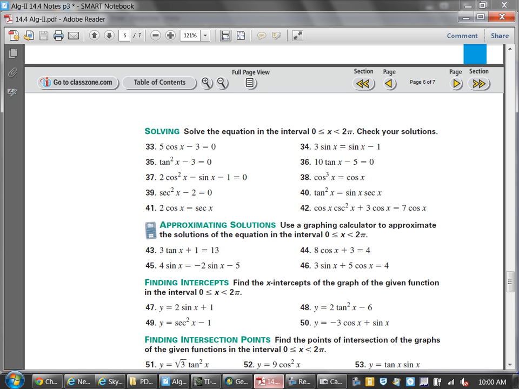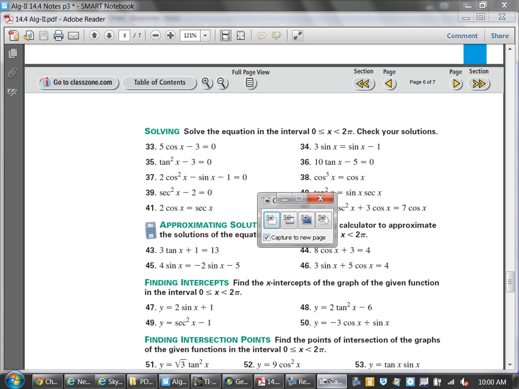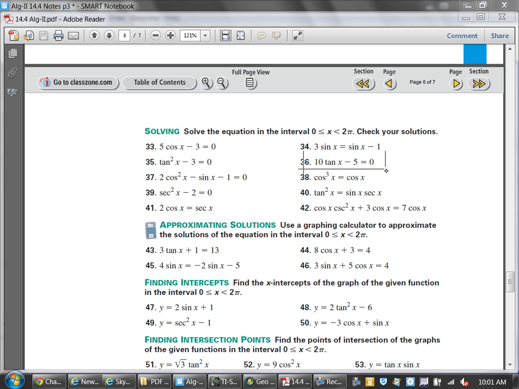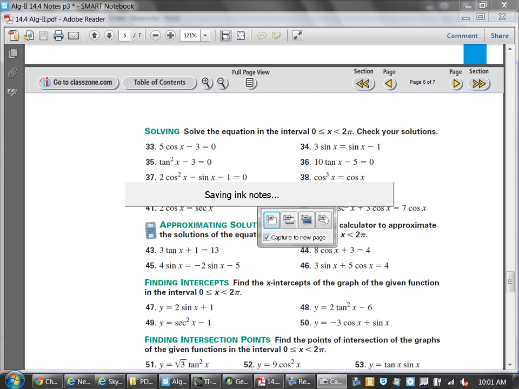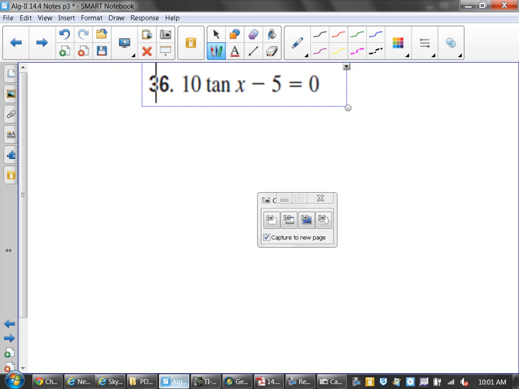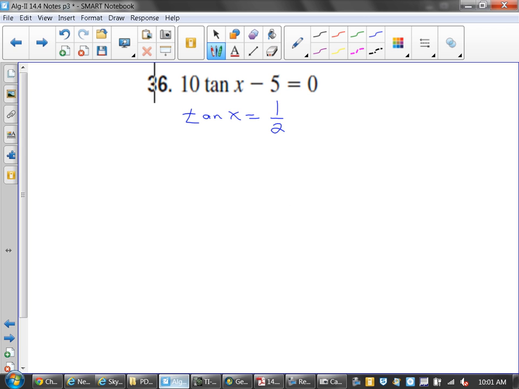Yeah. All right. So we have 10 tangent of x minus 5. So hopefully at this point you all got the part where tangent of x is going to equal a half. I'm assuming everybody got to that. That's where it starts. Now think about what quadrant you are going to be in?